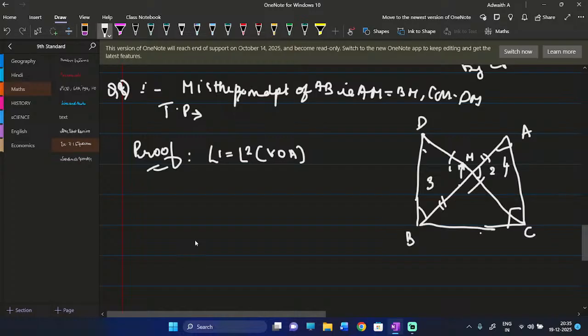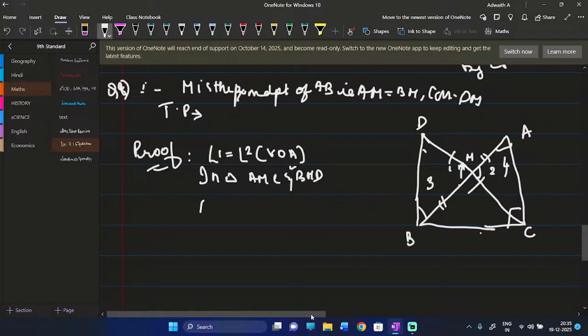Okay. Now in proof, in triangle AMC and BMD, draw this triangle here also. What can we say? AM is equal to BM.